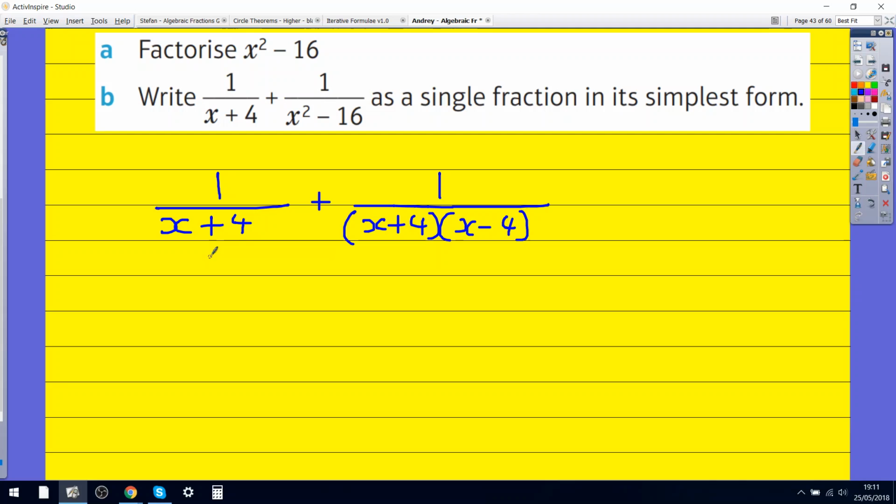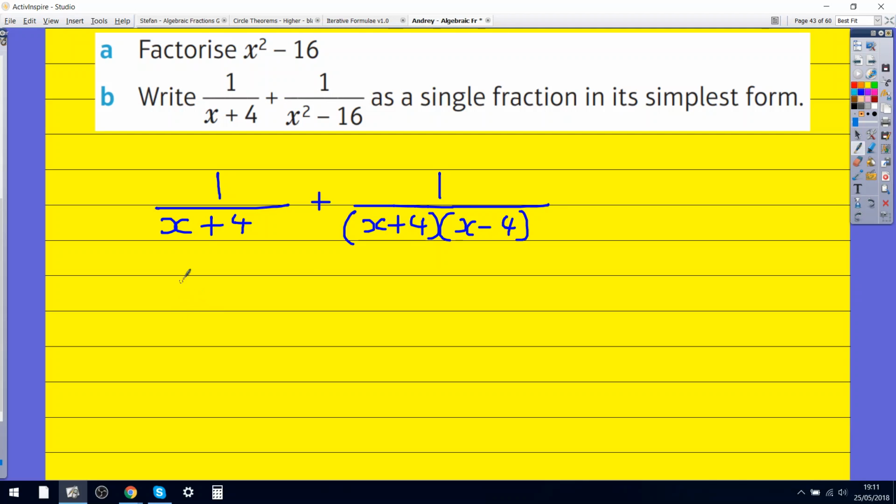So what would we have to do to make them have the same denominator? Get the x minus 4 out of the way. And so what would we do? I think instead of trying to get rid of x minus 4, I would just put an x minus 4 on the other fraction as well. Oh, okay, yeah. And so how would you do that?